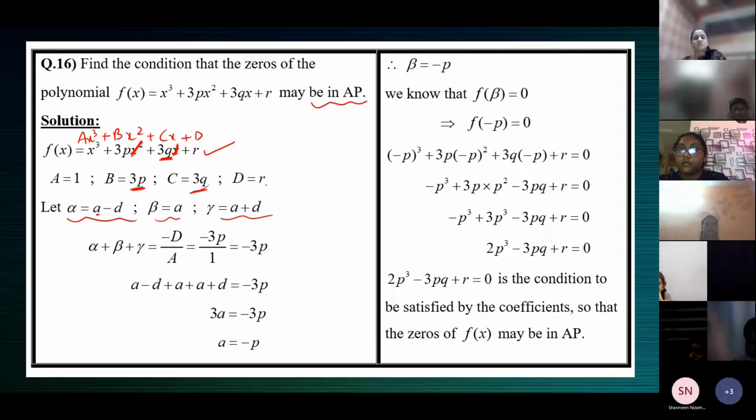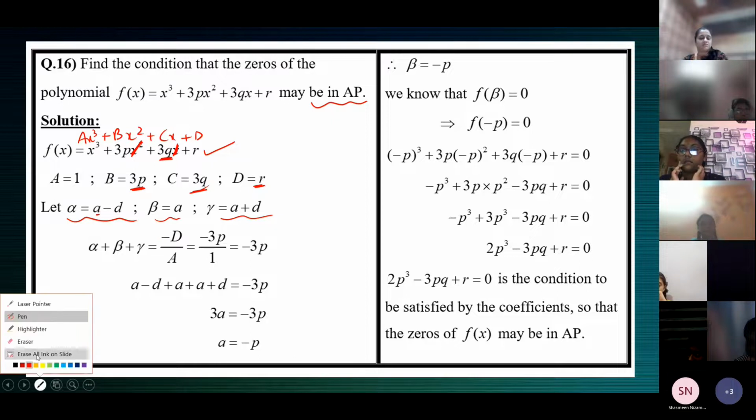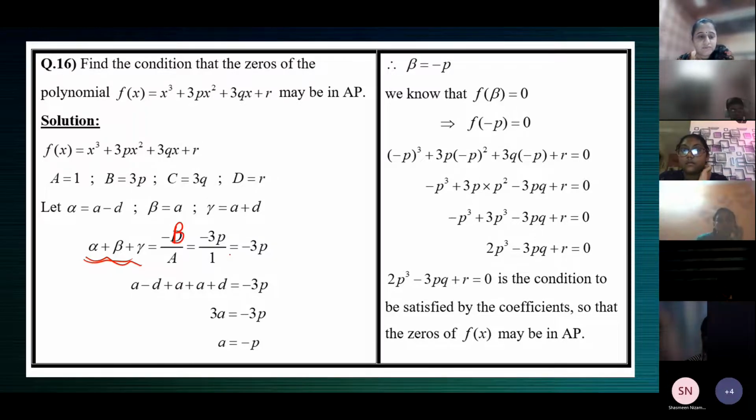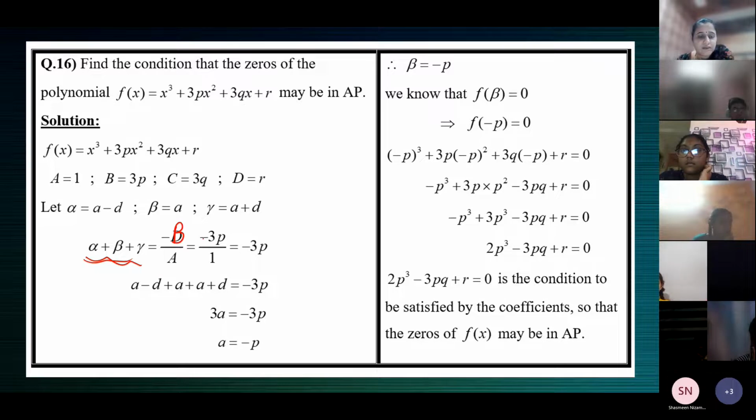And the constant D is R. So as usual, we find the sum of the zeros, which is minus B by A. So you can see minus 3p by 1, which is minus 3p.